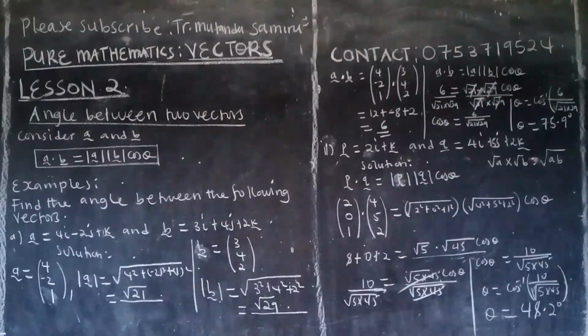That's how we get the angle between two vectors, an application of the dot product.